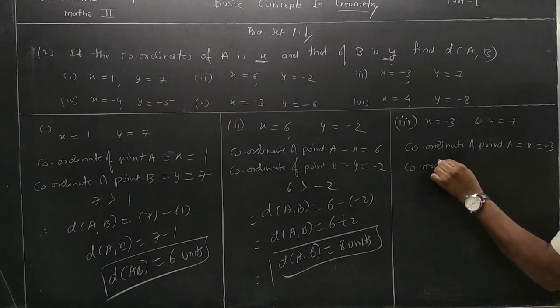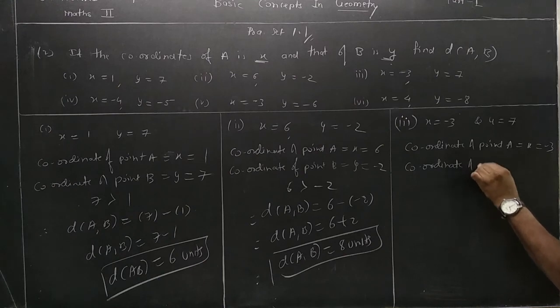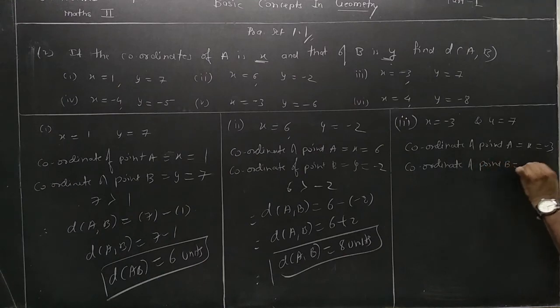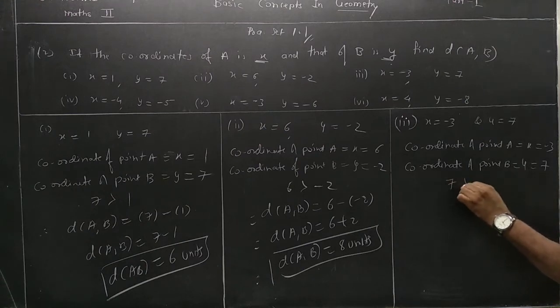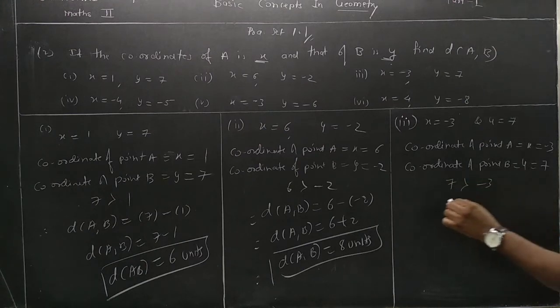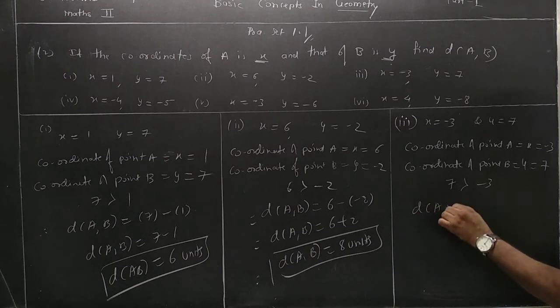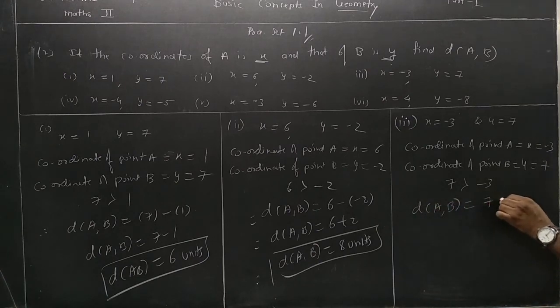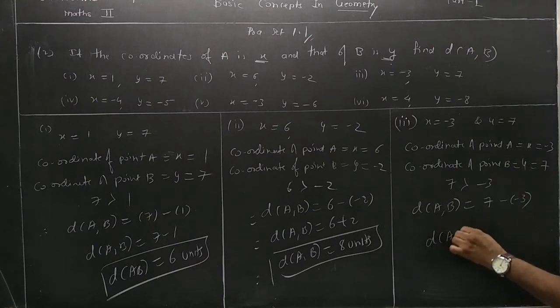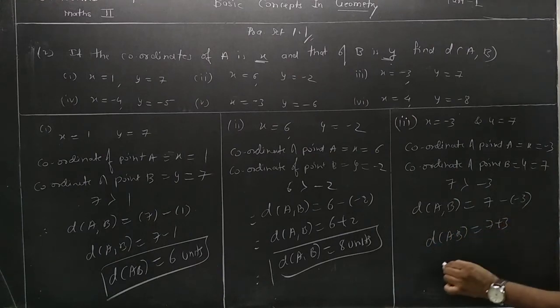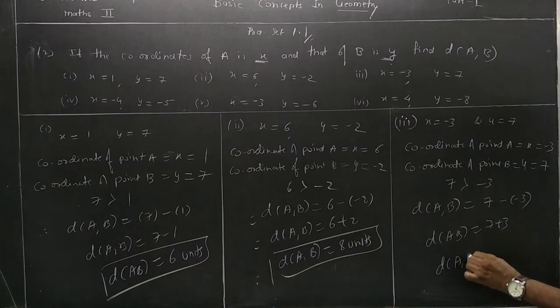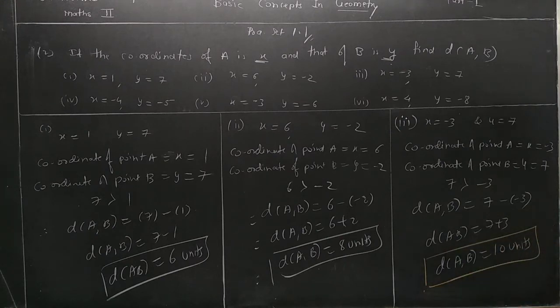Coordinate of point B, y is equal to 7. And 7 is greater than minus 3. Distance AB is equal to 7 minus minus 3. So distance AB is equal to 7 plus 3. Distance AB is equal to 10 units. This you are going to put in a box.